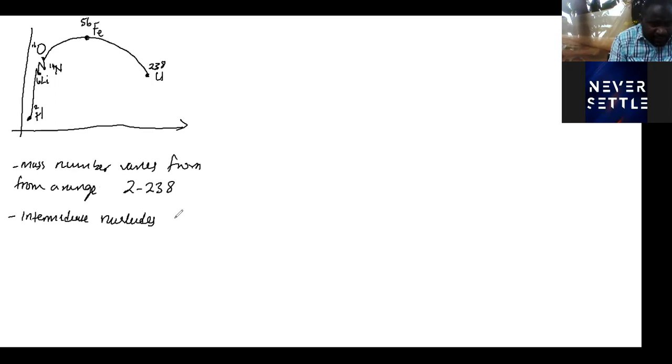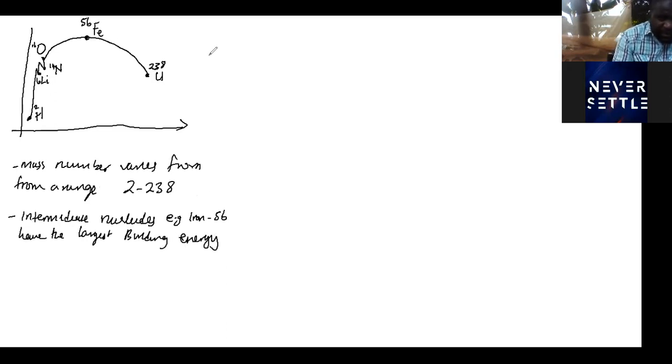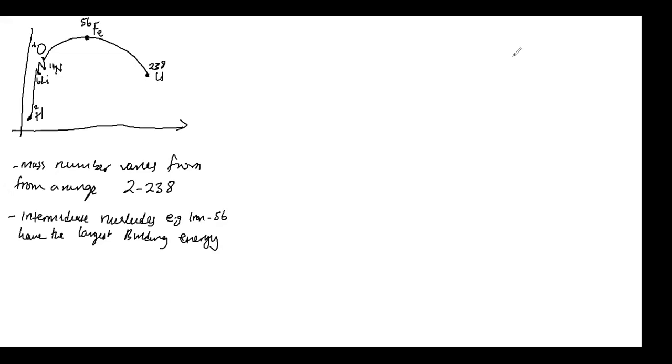So the intermediate nuclides, e.g., iron 56, have the largest binding energy. Note these extremes with the biggest mass numbers, as one might assume. Why?